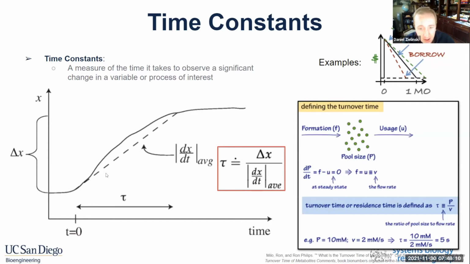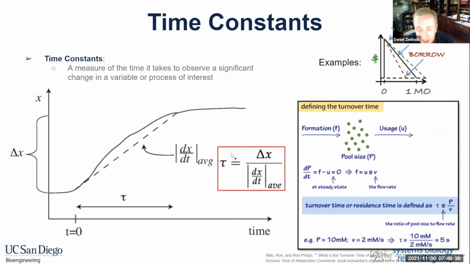You can also define an inherent expected time constant through analysis, which is kind of what's shown here. But a time constant relates to some kind of dynamic change: how much change has occurred, to how long, to the rate that it was occurring. So the slope here gives you an estimate of how long it took to occur.